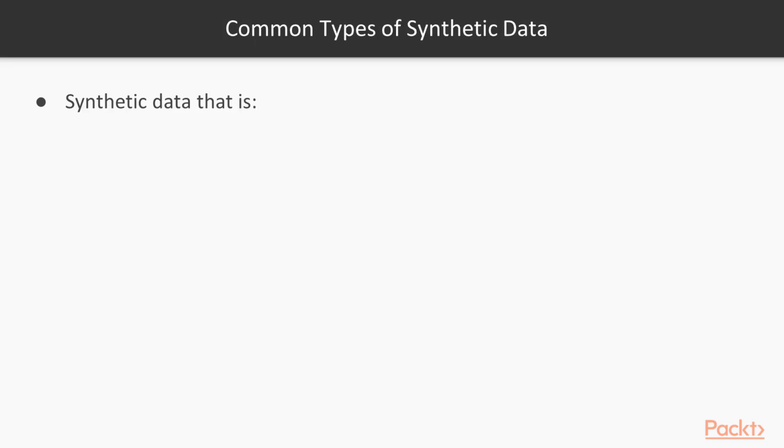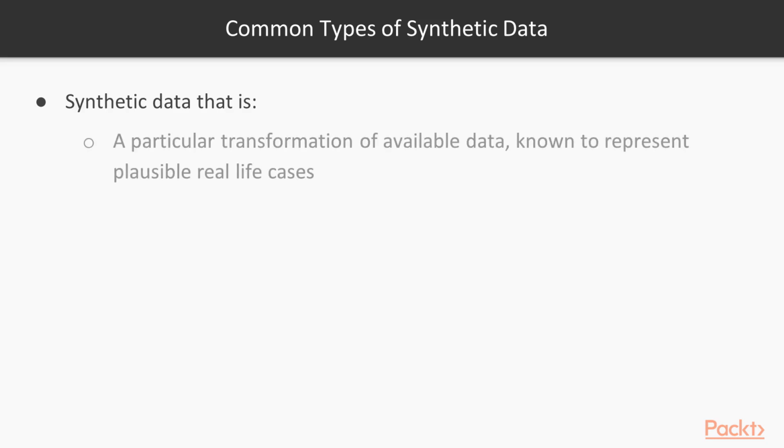So, three ways in which synthetic data is often generated. It can be that you want to generate data that are representative of plausible real-life cases, where you can pre-specify how these can be generated from available data by, say, transformations.